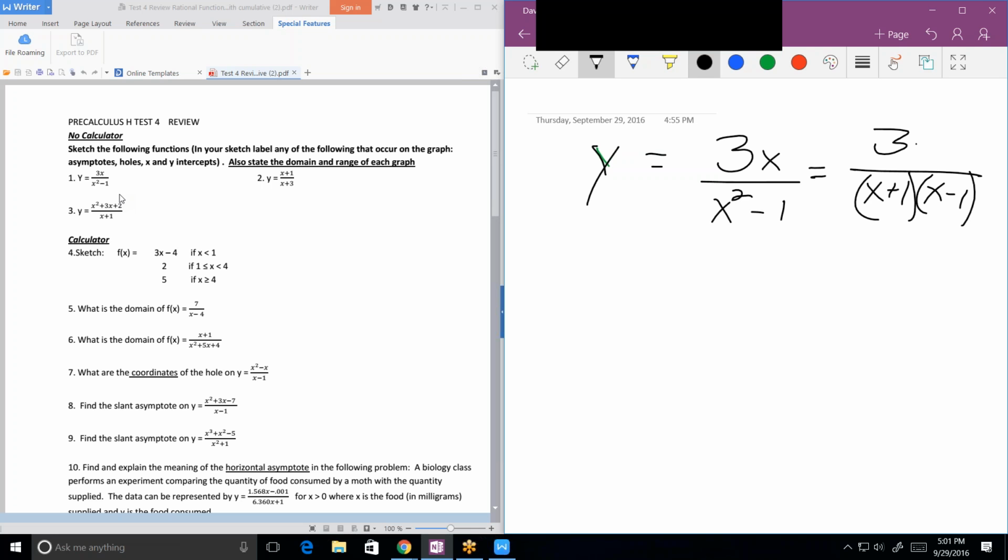Now, to get vertical asymptotes, are always where what happens? I forgot. Where the denominator is 0. Okay, in other words, you can't divide by 0.